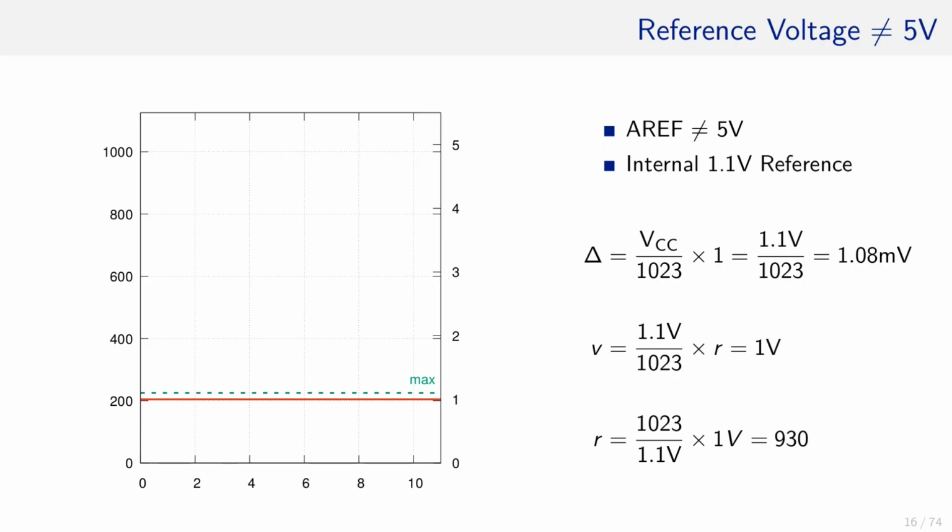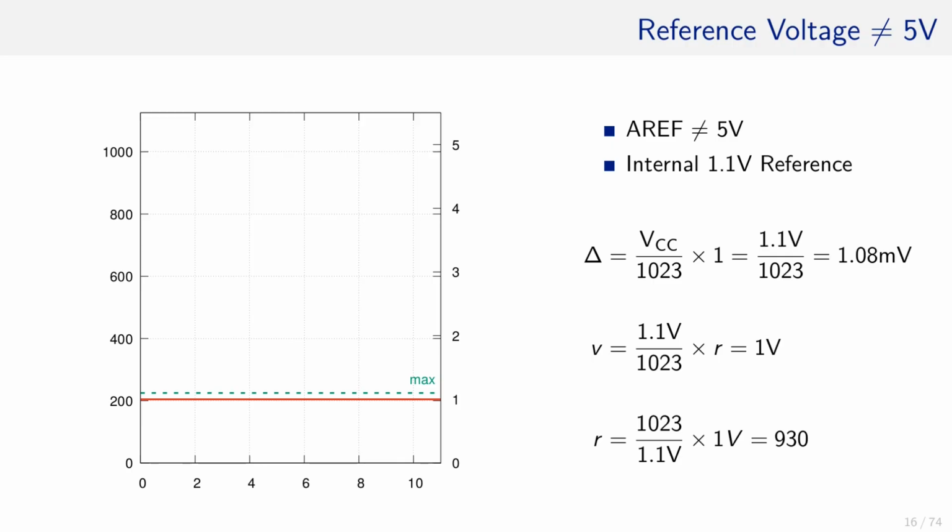Instead of increments of 4.88 millivolt, a reduction of the reference voltage to 1.1 volt means that the increments decrease to a little over 1 millivolt, 4 times the accuracy for the same amount of bits in the integer, that is 10 bit. And we get this accuracy for free.